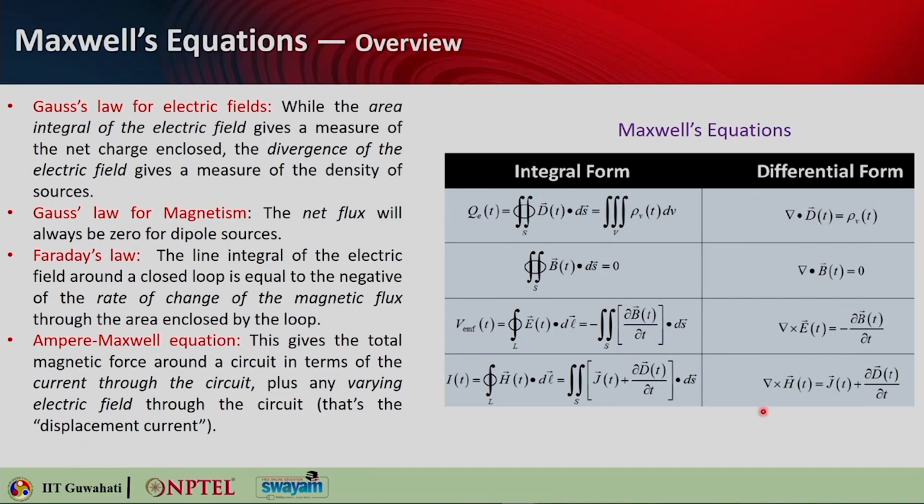You can see here that curl of H, and these are all time varying and space dependent, is nothing but J, the current flowing through the circuit, plus something extra, which is the rate of change of the electric displacement field over time. That is basically the displacement current.